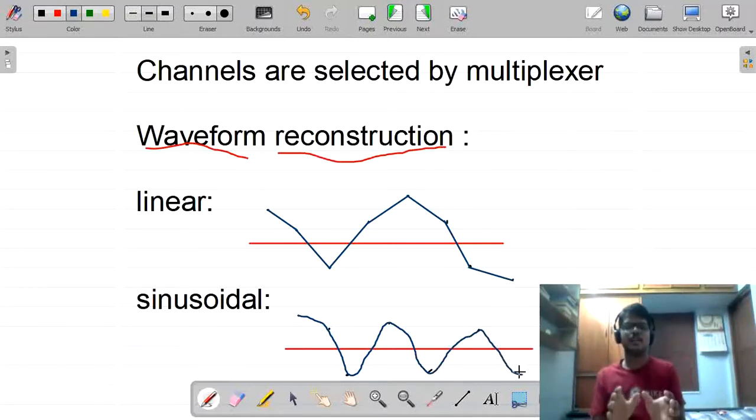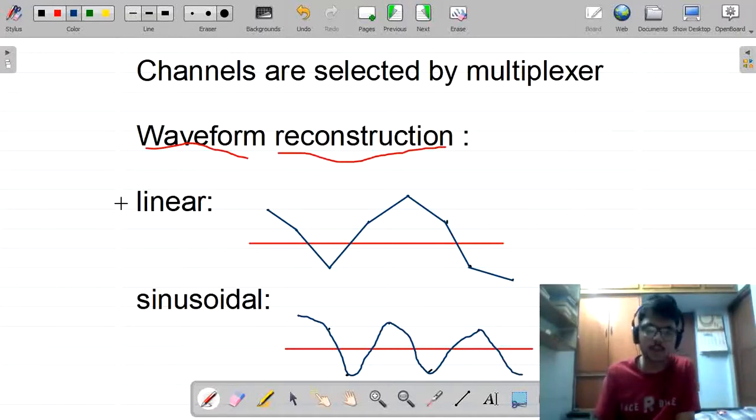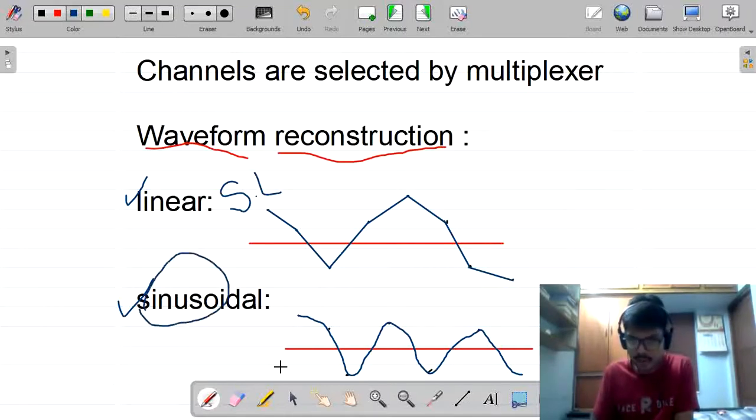We will get approximately the same shapes, but we have two processes. One is linear, one is sinusoidal. Linear is used when two points are connected by a straight line. When we use the straight line concept, we use linear. When we use a sinusoidal graph nature, we use sinusoidal reconstruction.